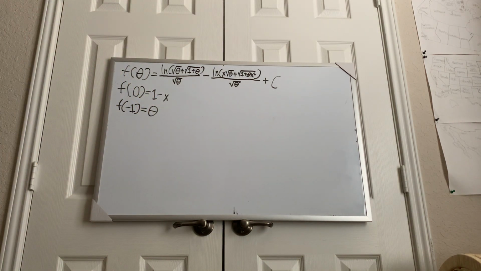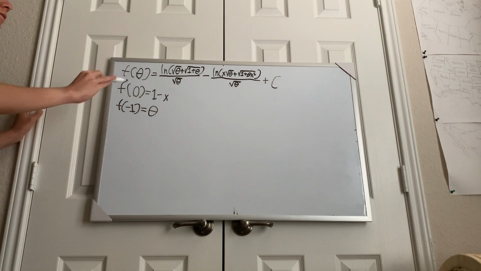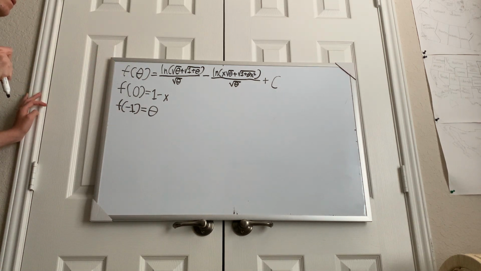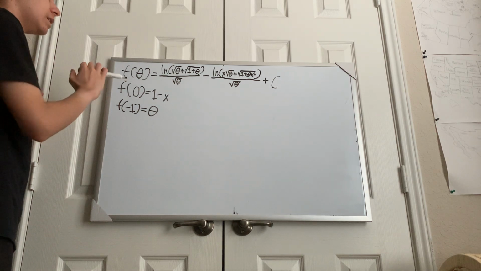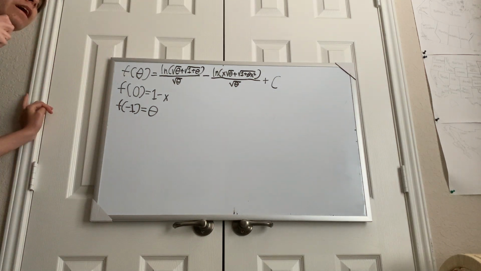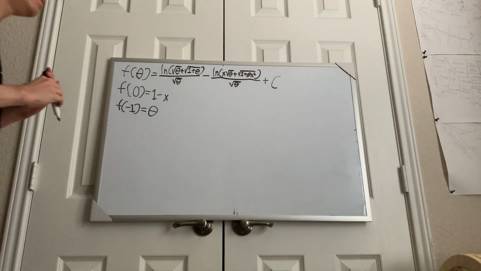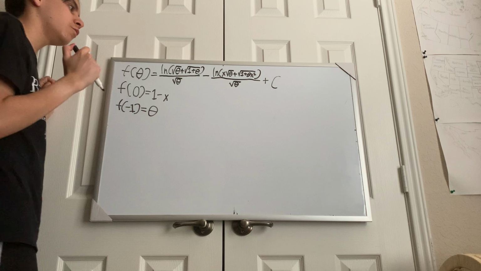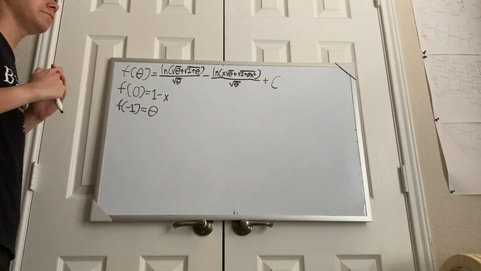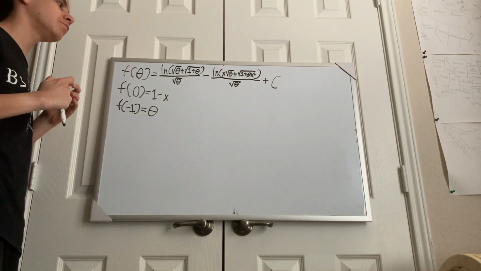Now, something important to note here is that theta is not related to x. So if we plug in a value for f of theta, x will not change, it will still be x. So if we plug in 0 here, we get natural log of 0 plus square root 1 plus 0, which is just 1.